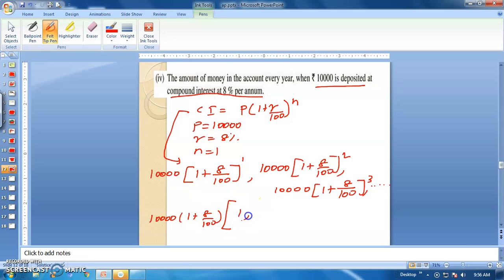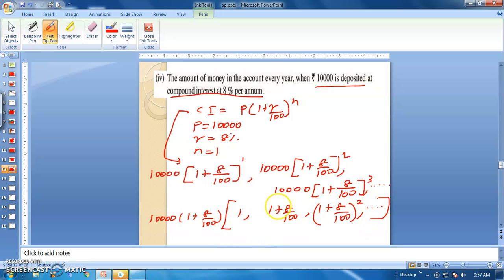It becomes 1 plus 8 by 100 is there, because out of the power 2 I took 1 as common. What about the remaining one? 1 plus 8 by 100 whole to the power 2, etc. It keeps going on. Now check whether this series forms an AP or not. If you subtract from this one here, this one, what will happen?